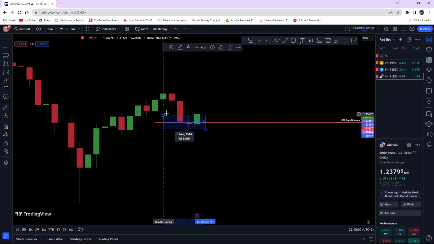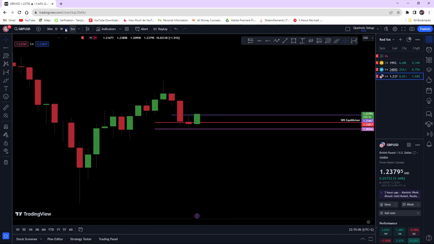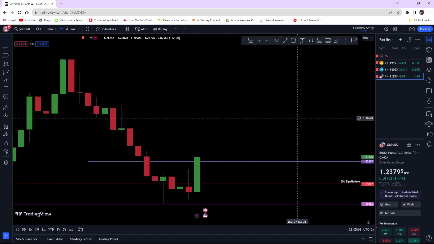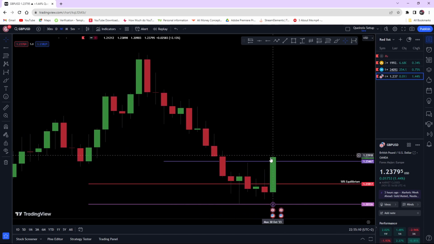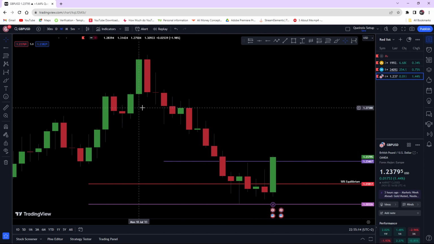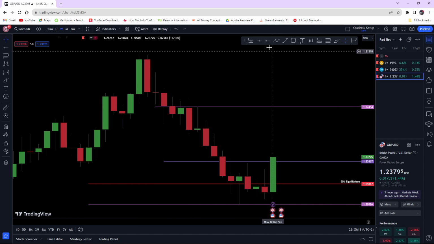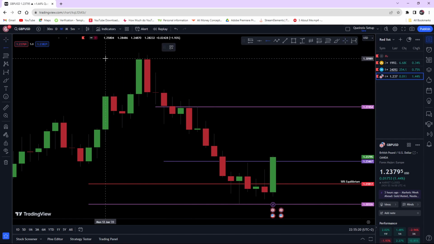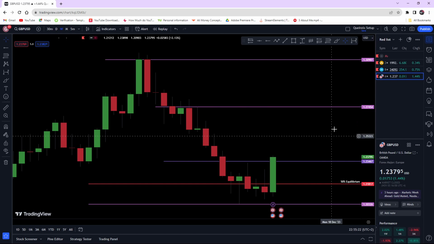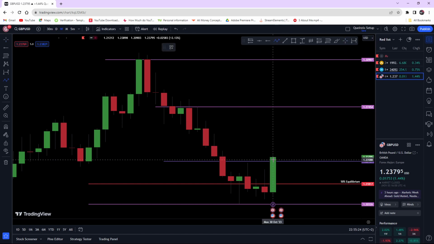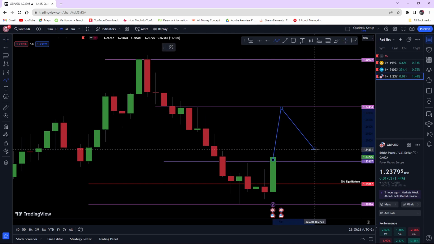Right, so we can see that our high has been broken for the previous month. Going down to our weekly time frame, we can see the high has been broken over here. This is our next resistance on our weekly. So we can see price definitely doing something like this.